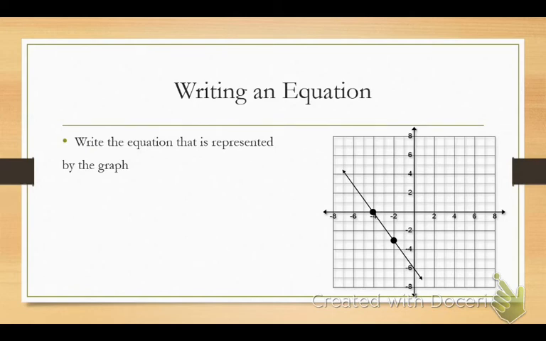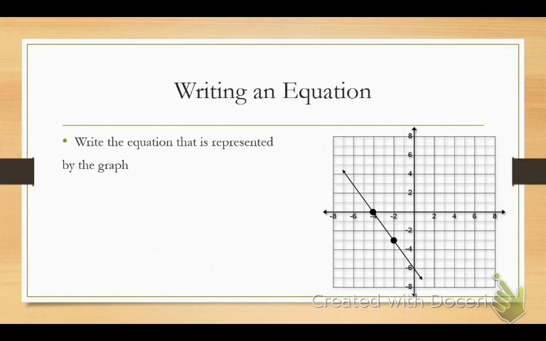Let's write the equation. In order to write this equation, I need a slope and I need a y-intercept. If you know what you're looking for, this is really fast. There's actually no math except just counting.